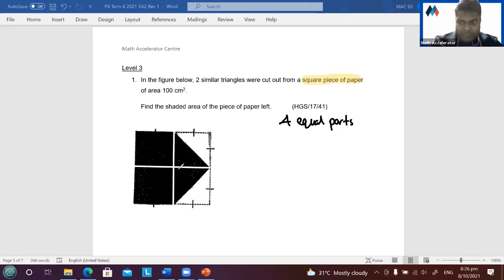Okay. So since these are four equal parts, what I'm going to do now is dissect it a little bit further. All right. Now, can you type in the chat how many triangles do you all see now?